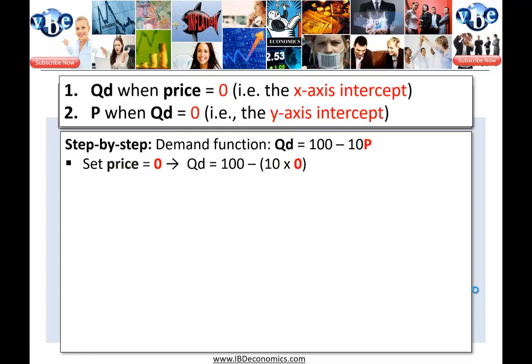So we're going to set that price to 0. So quantity demanded equals 100 minus 10 times 0. 10 times 0 is, of course, 0. And 100 minus 0 is 100. So this becomes the x-intercept, where our demand curve crosses the quantity demanded axis.